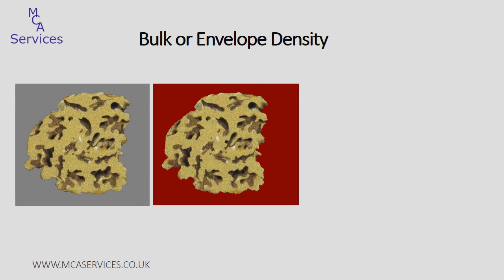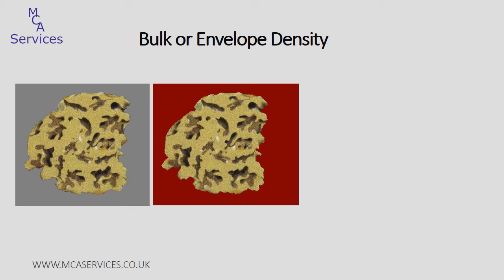This image shows a cross-section through a sample, and these areas here are pores within the sample itself. We're going to assume that every one of these has a path so that they're all open to the outside of the sample. In the second image, the red area shows the displacement media, and the volume that is being displaced by the sample is comprised of the solid portion of the sample and also the volume of the pores within it.